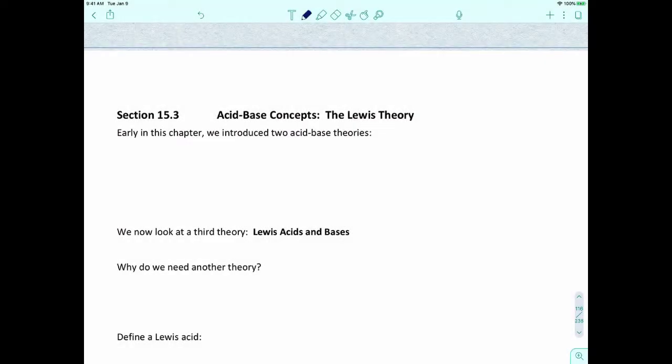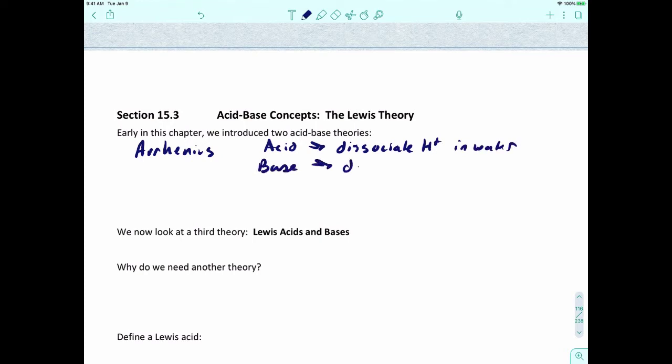Okay, so we've talked about two acid-base theories in the last video. Again, there's the Arrhenius theory, where Arrhenius said an acid would dissociate H+ in water, and a base will dissociate hydroxide in water.